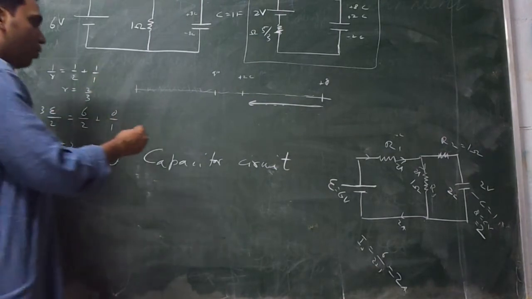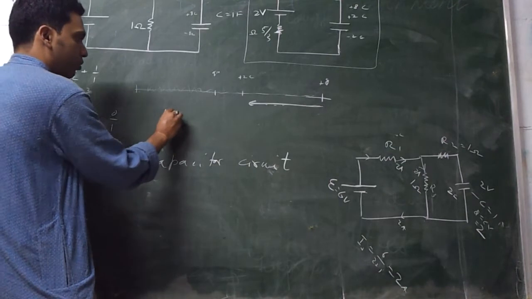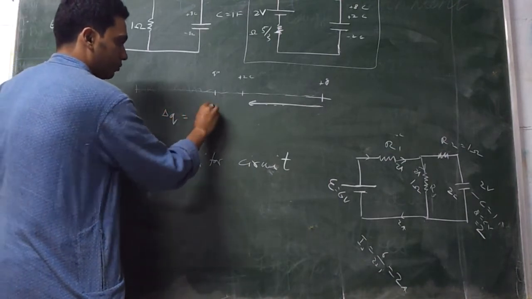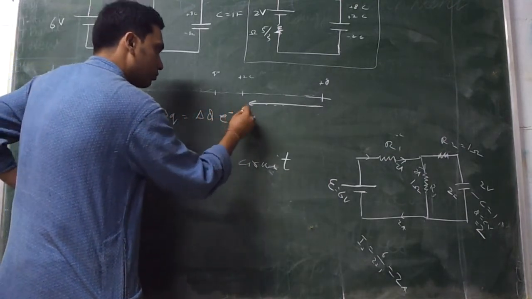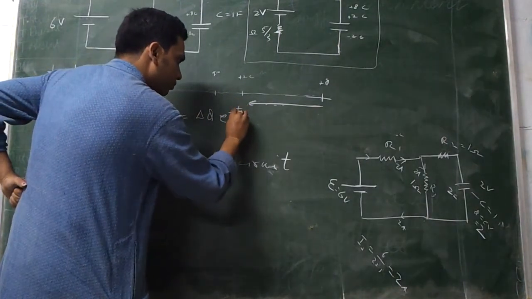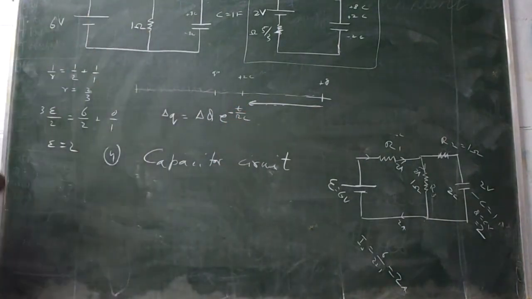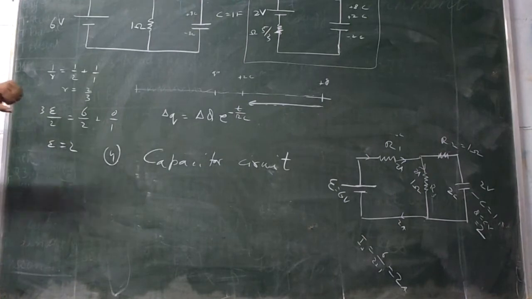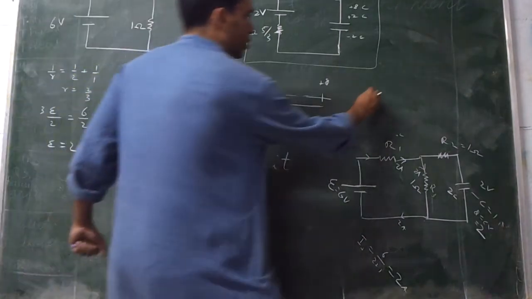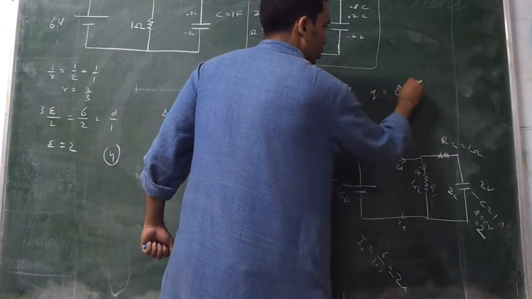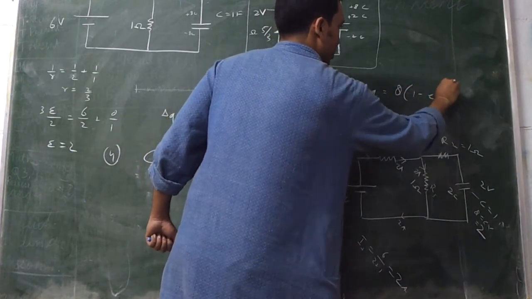Whether the charging is happening or discharging is happening, what is the formula? The formula you are going to use is this formula, which is for charging as well as discharging. Forget about the formula Q equals Q1 into 1 minus e power minus t by tau.